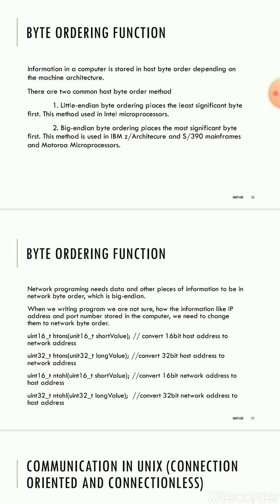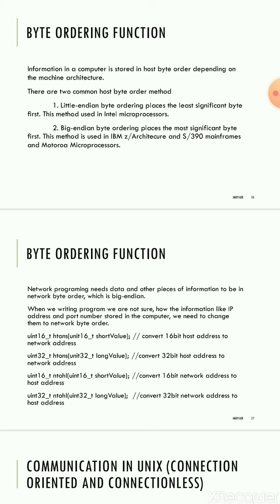In this fashion the byte ordering information of an IP address is stored. Network programming needs data and other information to be in network byte order, which is big endian. Since we write the program, we are not sure how information such as IP addresses and port numbers is stored in the computer. We need to change them to network byte order.